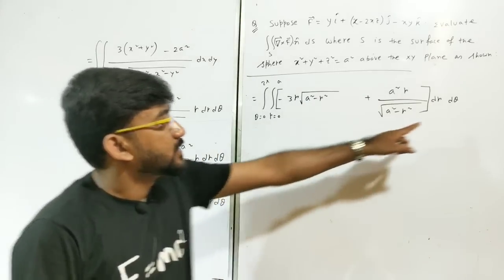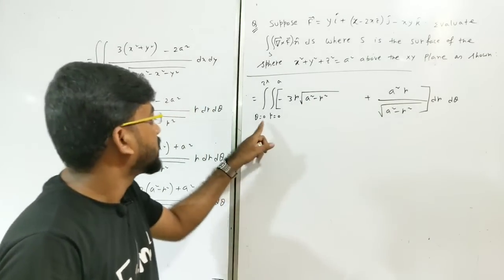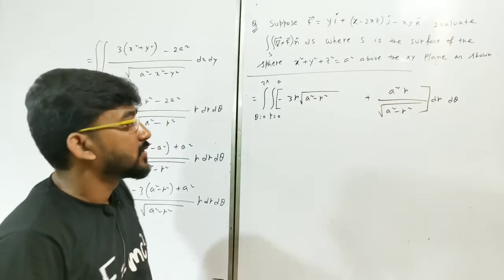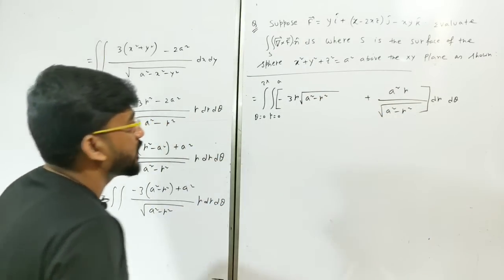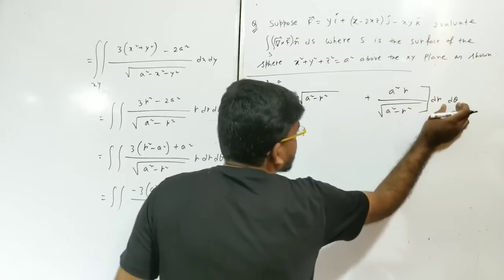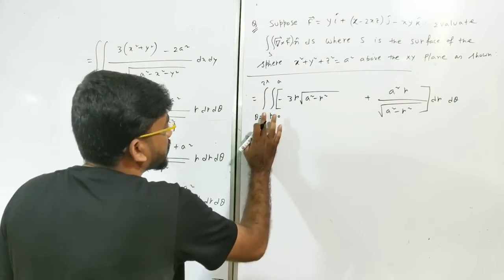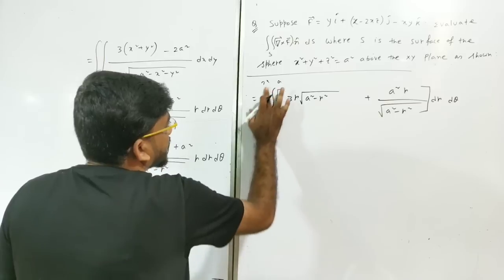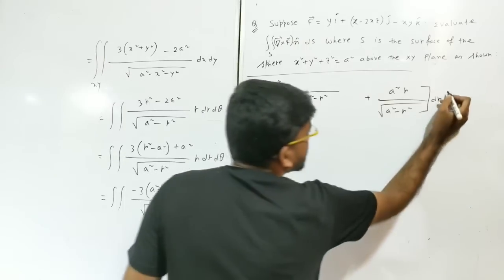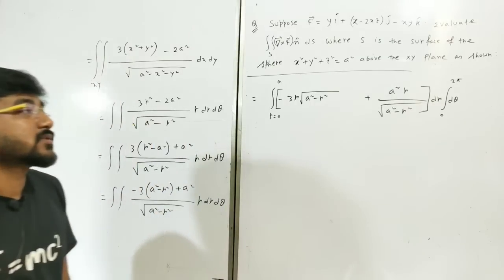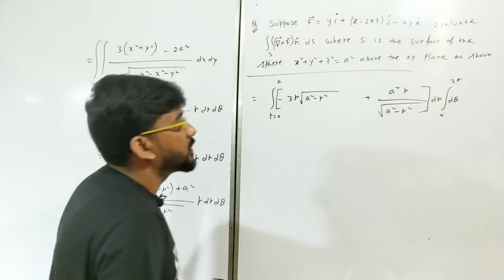The integration of d theta is just 2 pi, because theta varies from 0 to 2 pi and it does not depend on r. So it is now separated. We can transfer this integration, theta from 0 to 2 pi, from here to here. The integral of d theta from 0 to 2 pi is 2 pi.